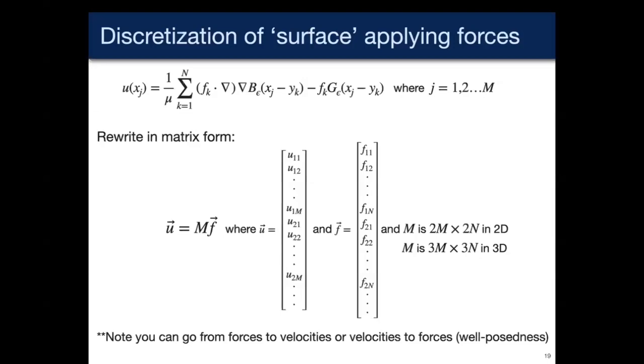And then these are the size of your matrices depending on whether you're working in 2 or 3D. I'm going to point out, you need to think about well-posedness. How many points do you need if you want to invert things? So you can go from forces to velocities or velocities to forces, but you do need to keep in mind the well-posedness of the situation.